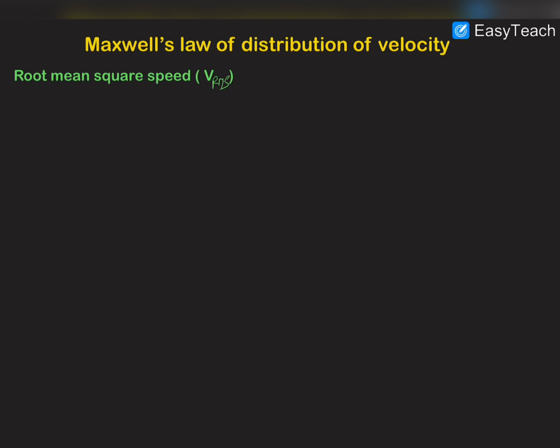Now let us discuss the root mean square velocity. We all know that root mean square velocity is under root 3RT by M, and we have already derived this root mean square velocity 2 times before in the previous videos.